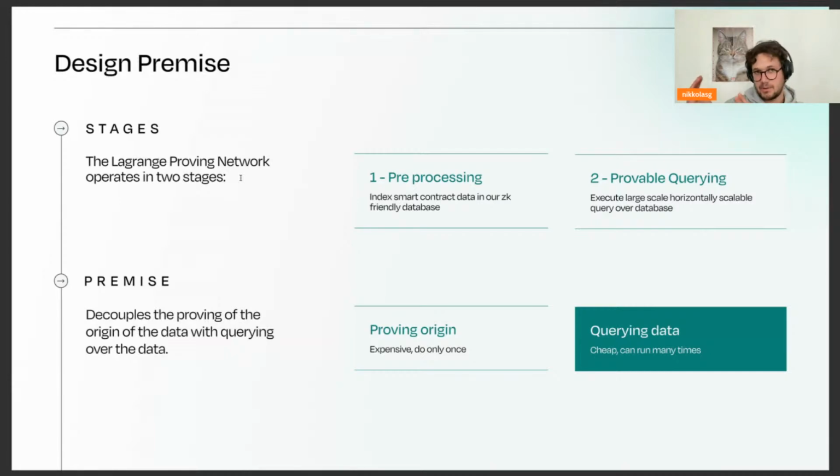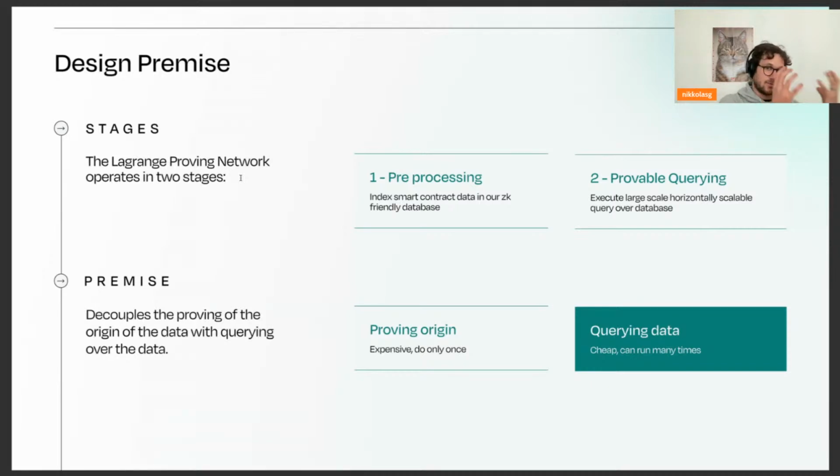And then we have the query part, where everybody is able to query this database. We're going to look into much more detail on what that means, how the database looks, and what the really nice features are that make us pretty fast and cheap to use. The reason I put this slide here is to insist on the decoupling of proving that the database contains real information coming from the blockchain.